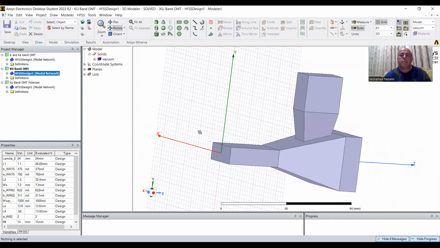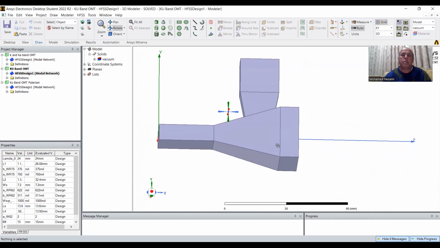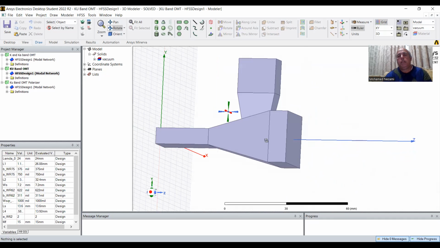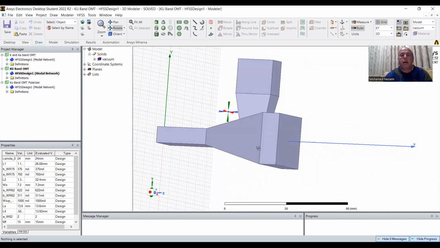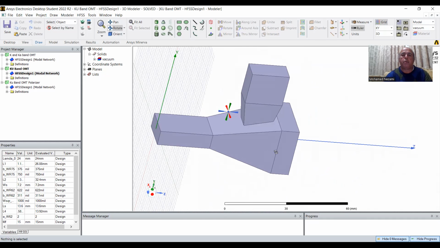The next example we're going to talk about is a similar one, except in this case, the impedance matching between the square waveguide and the rectangular waveguide is really tapered.